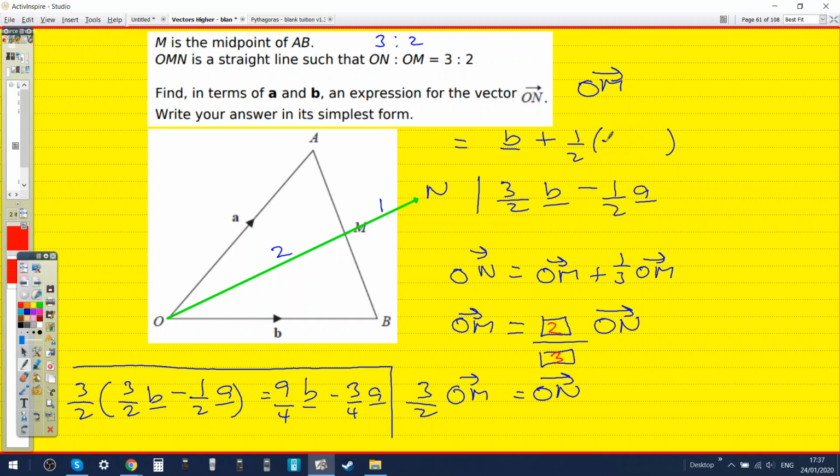Oh, okay. Minus B plus A. Sorry, I didn't catch that. So that would change this one. So just swap them around, wouldn't it? Yeah. It would just be plus 1/2 A and plus 1/2 B, I think. Yeah, 1/2 A plus 1/2 B.